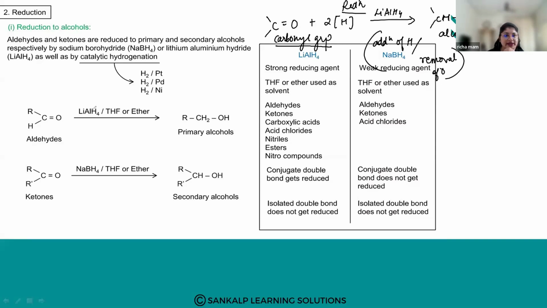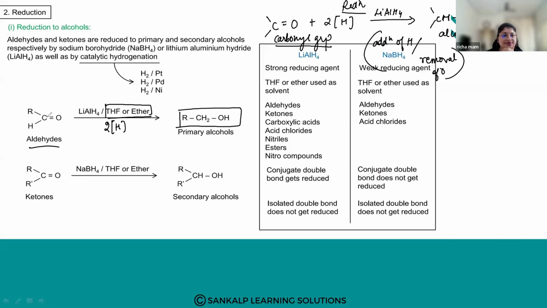Now we will see separately. If we have aldehydes and we are doing reduction, which means addition of hydrogen or removal of oxygen, we take solvents such as tetrahydrofuran or ether, and we get a primary alcohol.